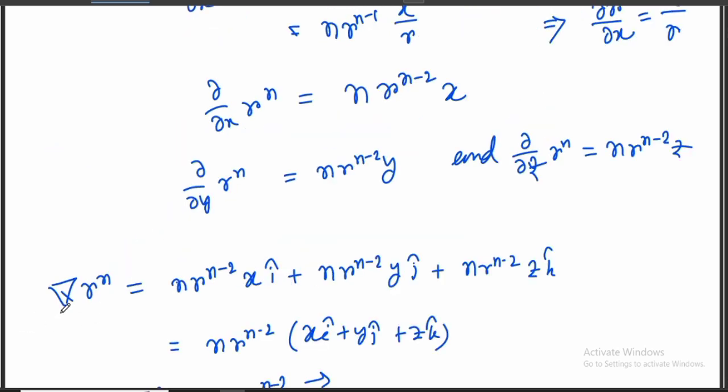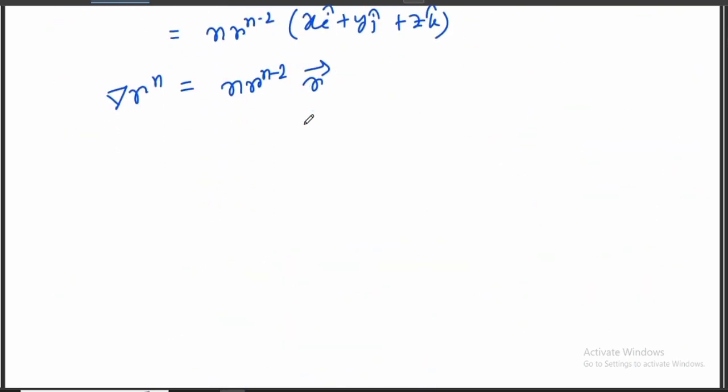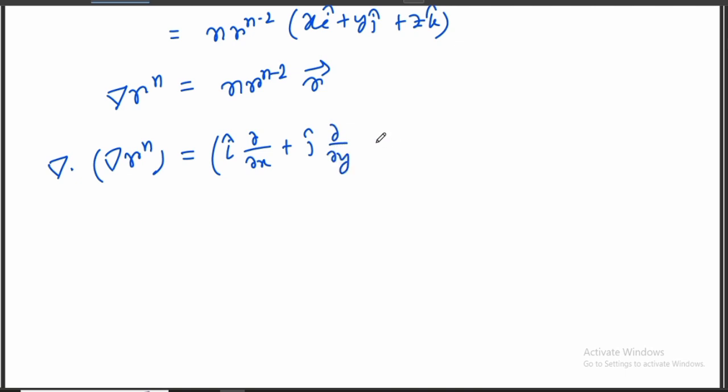But we have to find the divergence of grad r to the power n. So now let's write the divergence of grad r to the power n. Divergence can be written as i cap del x plus j cap del y plus k cap del z, dot product with grad r to the power n, which is n r to the power n minus 2 times r vector, and r vector can be written as x i cap plus y j cap plus z k cap.